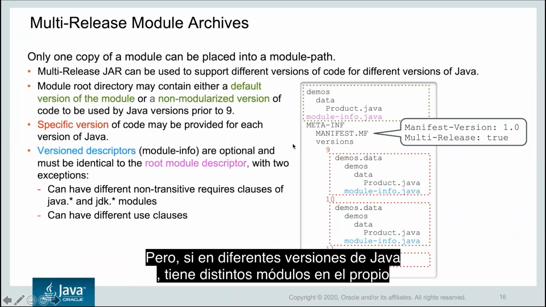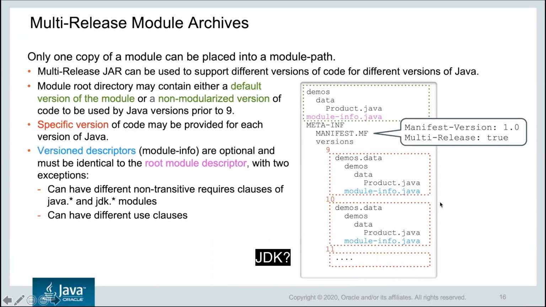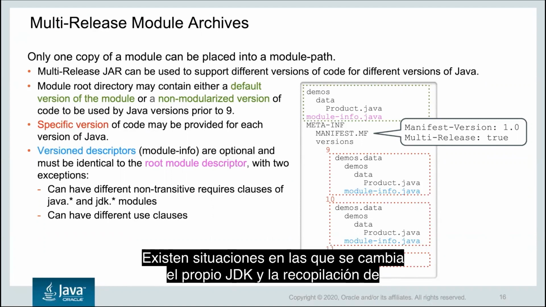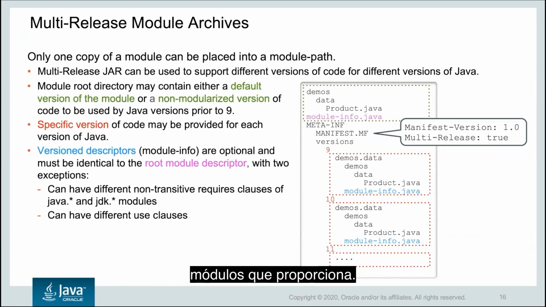But what if in different versions of Java, you have different modules in the JDK itself? And actually, that's the case. That's true. There are situations where the JDK itself and the collection of modules that it provides is changed.